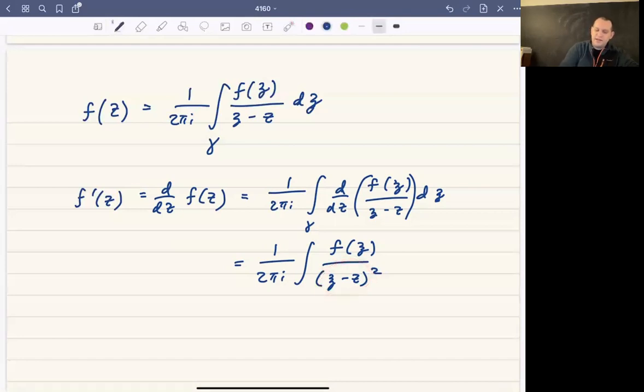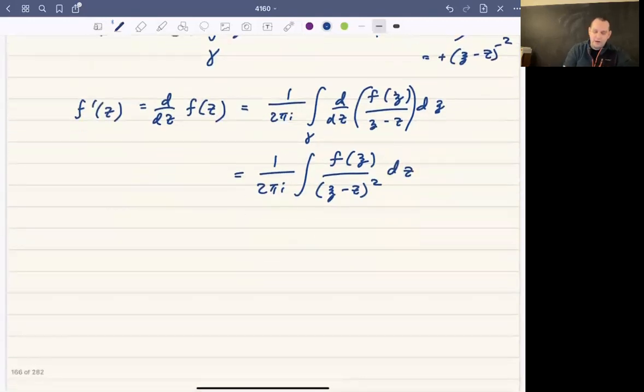So I'm thinking of this as if we have zeta minus z to the negative 1, then the derivative would be negative zeta minus z to the negative 2 times the derivative of the inside, which makes that a plus. So you end up with the same quantity, but with one larger power there. And that turns out to be f prime.